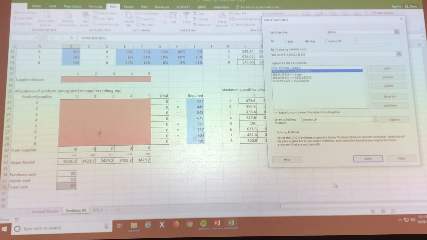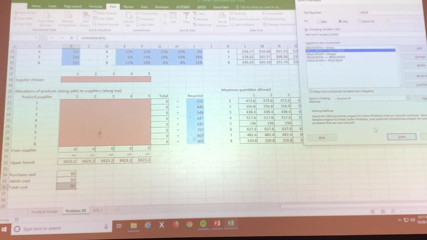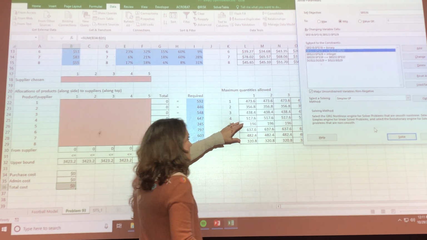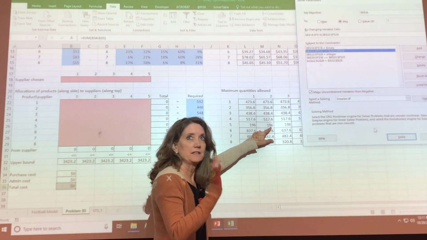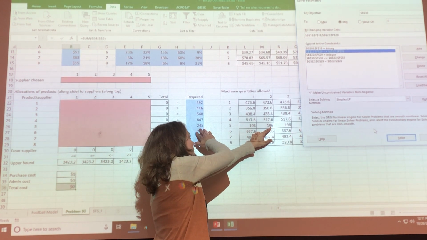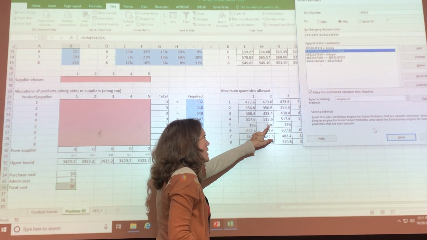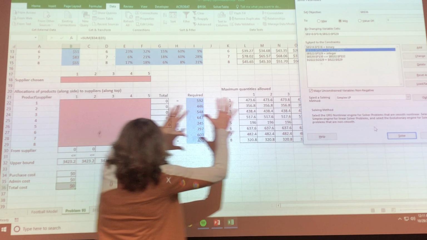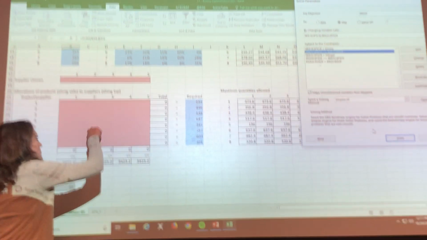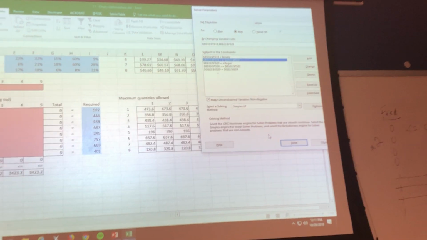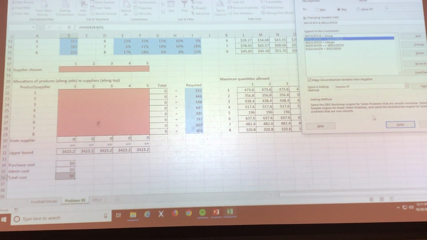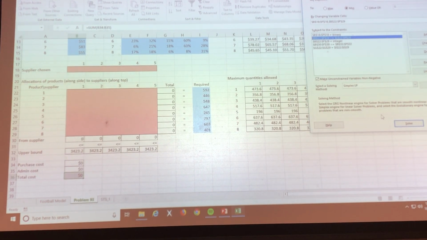The maximum you could get of any given product from any given supplier is this, right? Because that's 80% of what's required. So everywhere here, if you constrain this, then you're making sure that you're not getting in any one of these spots more than 80% of what is required coming from that supplier.